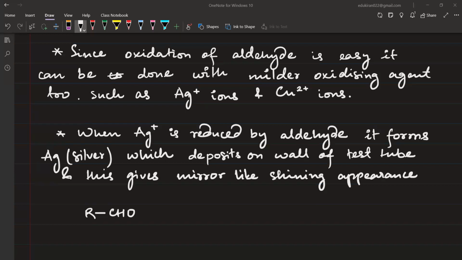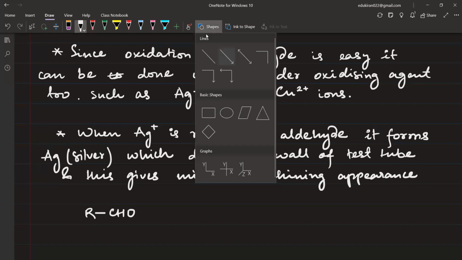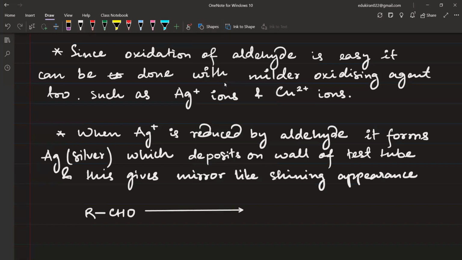Now, Ag plus is in the form of ammoniacal silver nitrate. What is the meaning? Please see. Ag will be in some kind of compound: Ag, silver, then ammoniacal, meaning NH3, twice. So it is a coordination compound, and outside you have NO3.